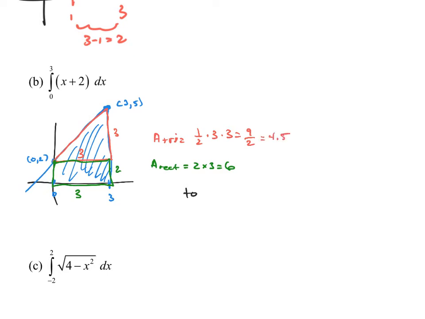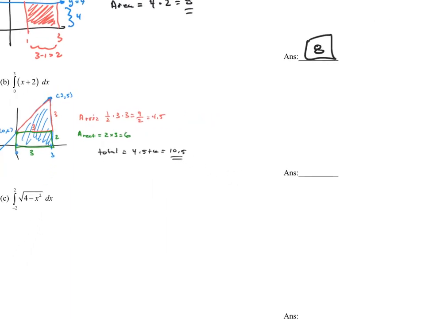So the total would be the sum of the two of those numbers, and that would give us 10.5. We could have gotten that same number had we found the area of a trapezoid, which is 1/2 times the sum of the bases times the height, but I'm not going to mess with that with you guys. I just broke it into two figures that I easily knew.